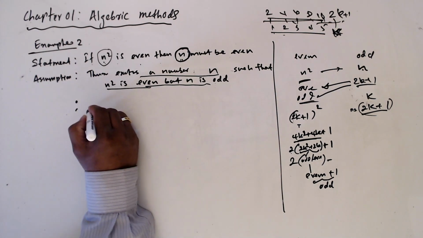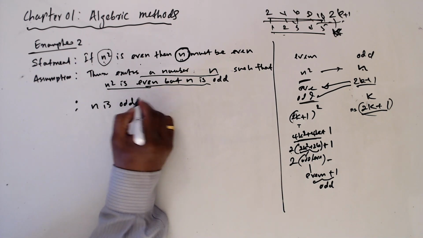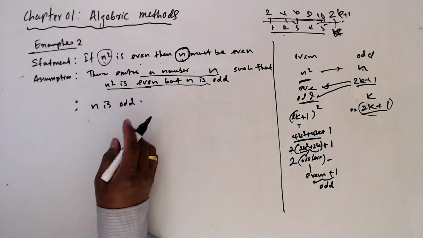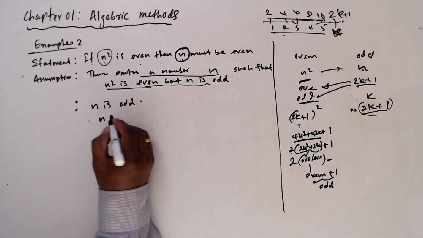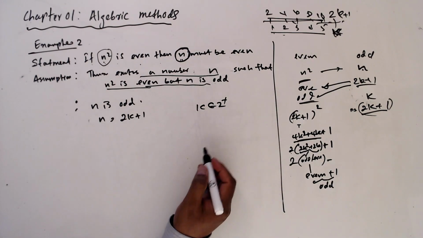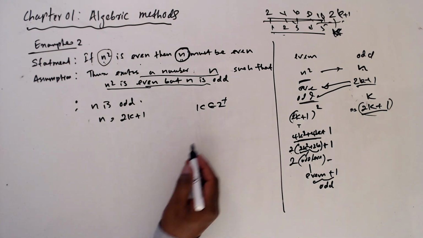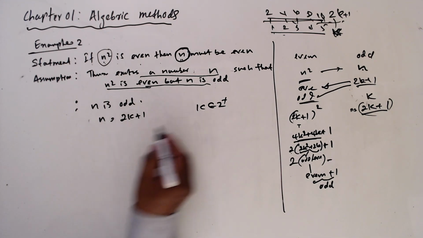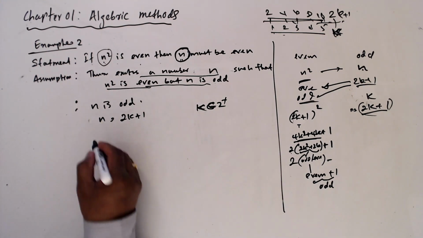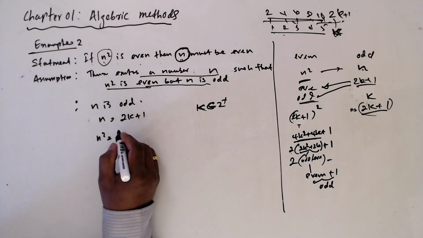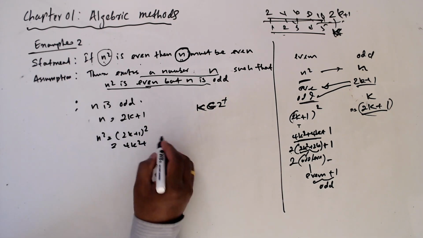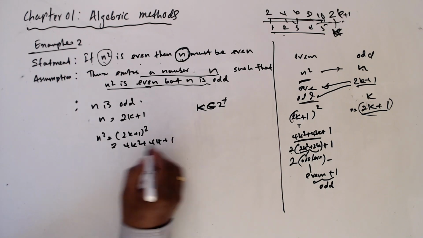So I will write this now. n is odd, so we can write any odd number as 2k plus 1, where k is an element of Z, the integers. Then n square equals 2k plus 1 square, which is 4k square plus 4k plus 1.